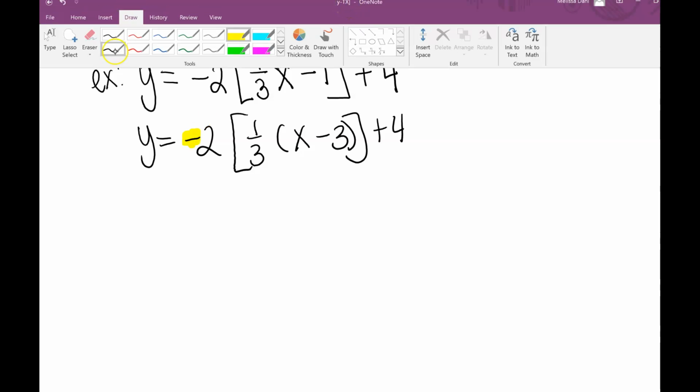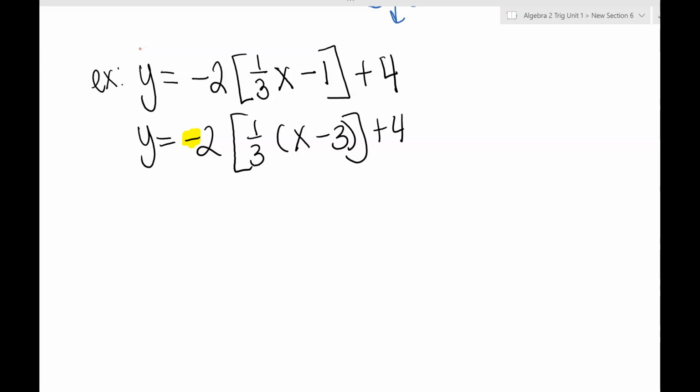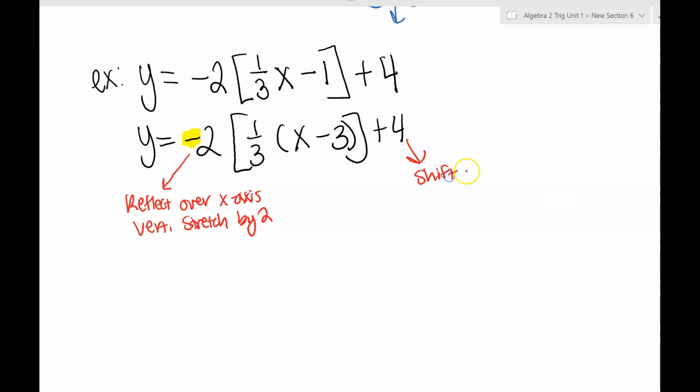It's outside of the brackets, so it's changing the y, but remember, changing the y here means that we reflect over the x-axis. That 2 is a vertical stretch by 2. So we know that the things are 2 units apart vertically. And the last vertical change we have is the shift up 4.